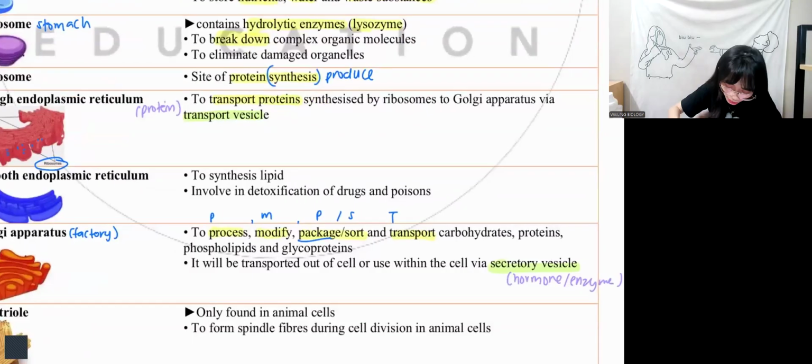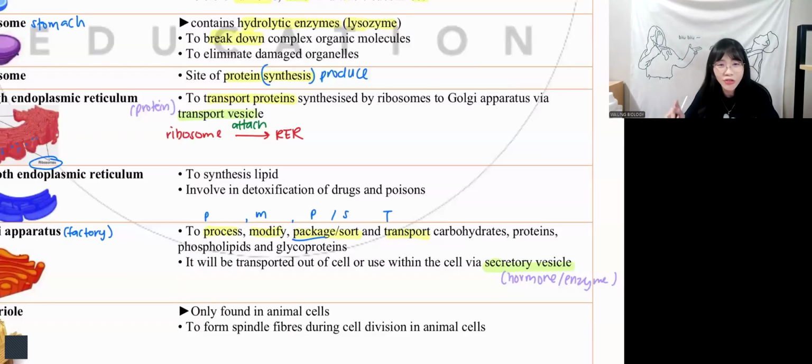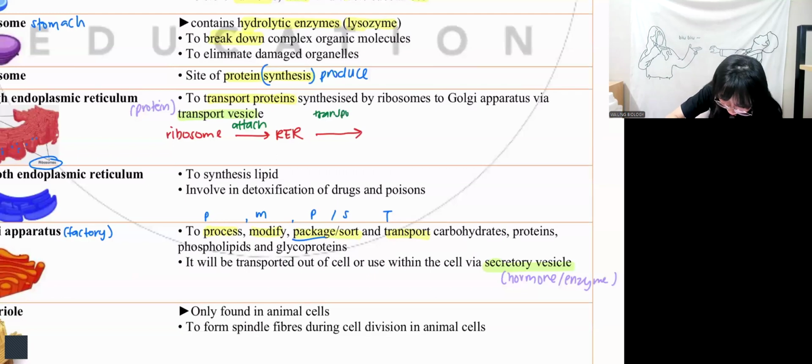In sequence, we start with ribosome first. Okay, ribosome, they attach on rough ER. Okay, they attach on rough endoplasmic reticulum. In the exam, you cannot write RER, yeah? And then they will transport protein to Golgi apparatus.